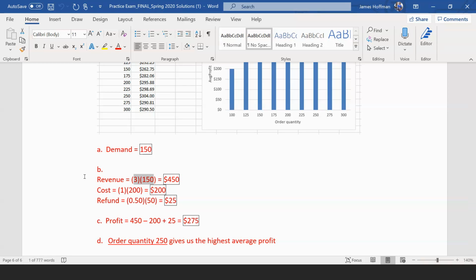So you can only sell what demand is. Last time we got to sell everything we ordered because demand was higher. But if we order 200 and only 150 people buy the calendars, then we only get the revenue from those customers. We don't get to sell the extra 50 because demand for the product wasn't high enough.